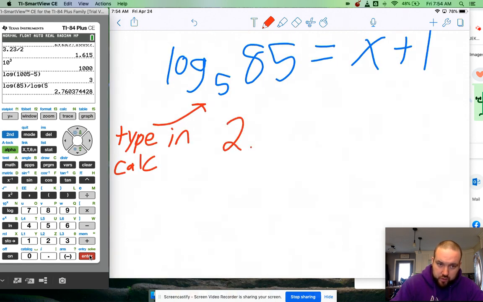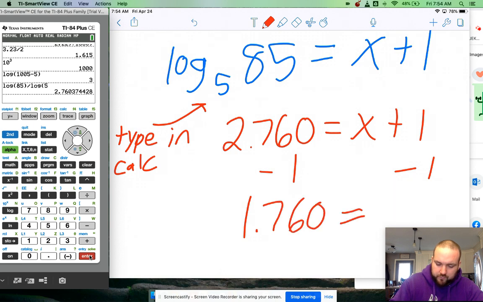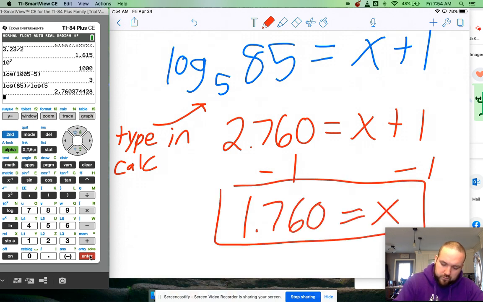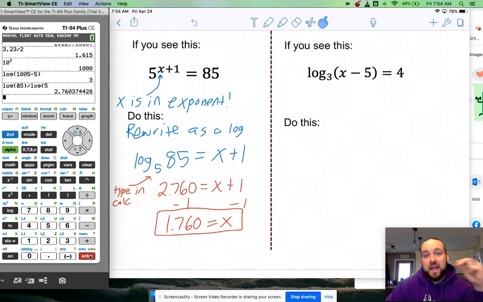So 2.760 equals x plus 1. And I subtract 1 and I get 1.760. Okay. So if you see x in the exponent, use logarithms to solve.